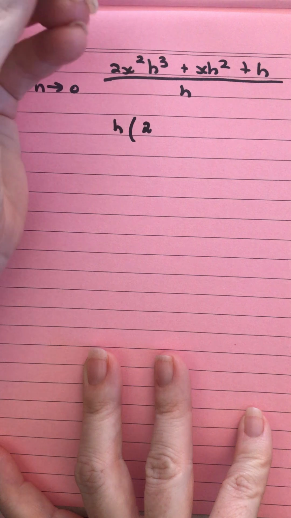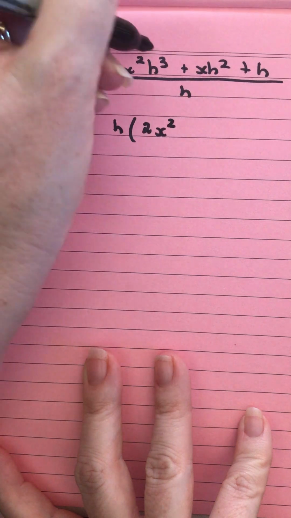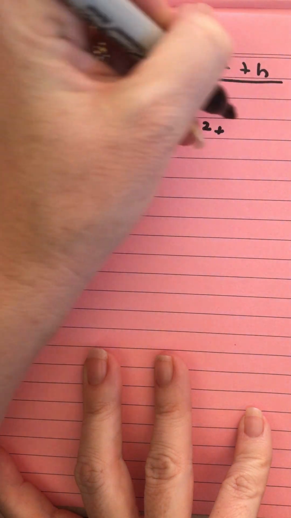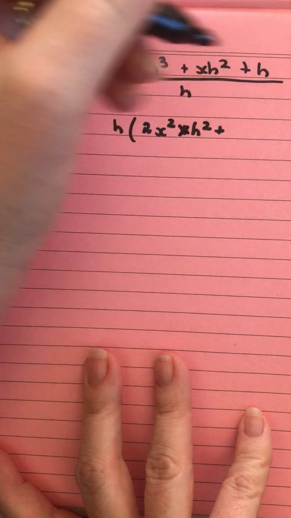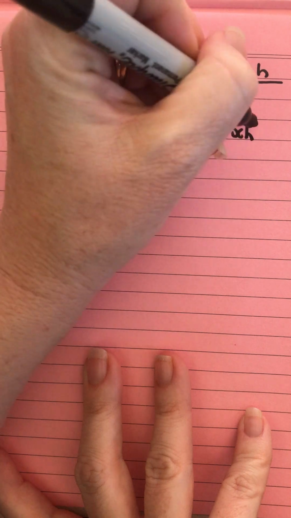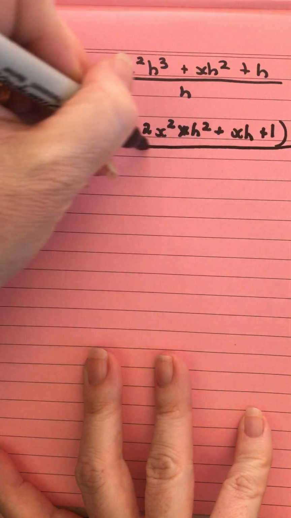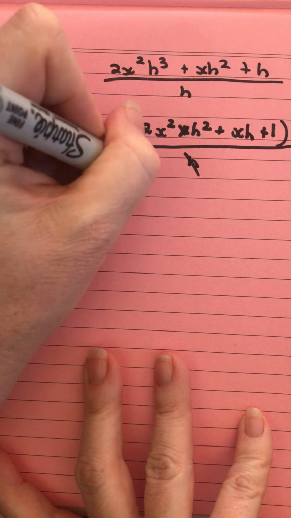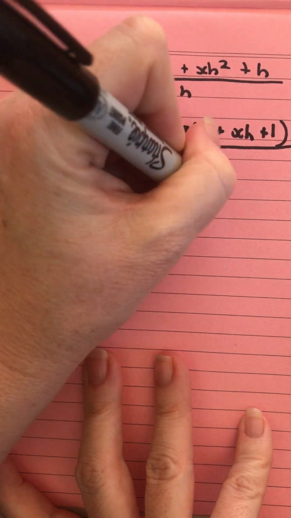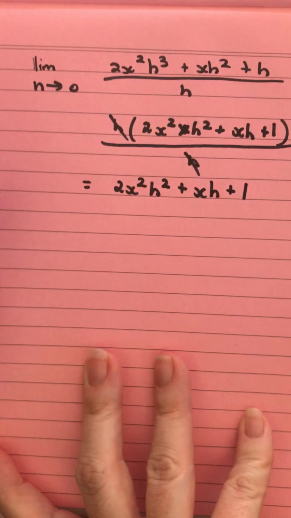So we get 2x squared plus h squared, plus h squared times h squared plus xh plus 1, over h. We can cancel that out, and we get 2x squared h squared plus xh plus 1.